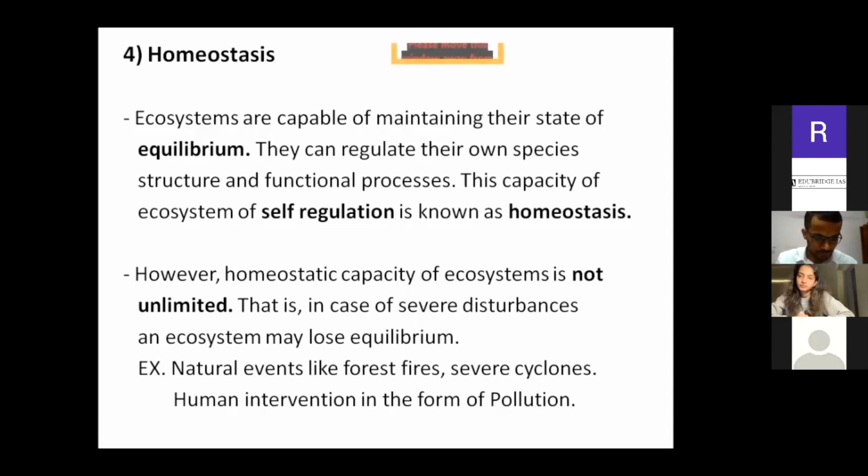Next point, in a well-developed ecotone, some organisms are entirely different from adjoining communities.